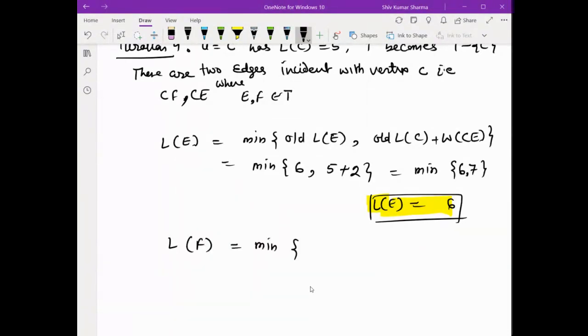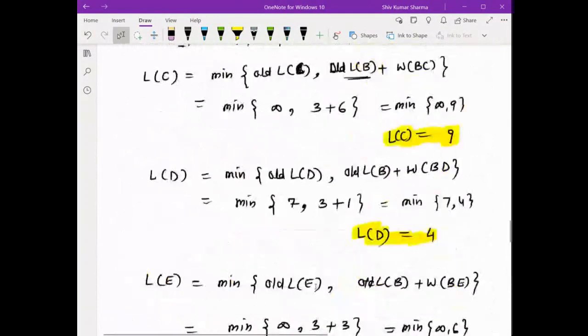So we write the minimum of the old level of F, comma, the old level of C plus the weight of CF. What is the old level of F? Infinity. Old level of C is 5, plus the weight of CF.